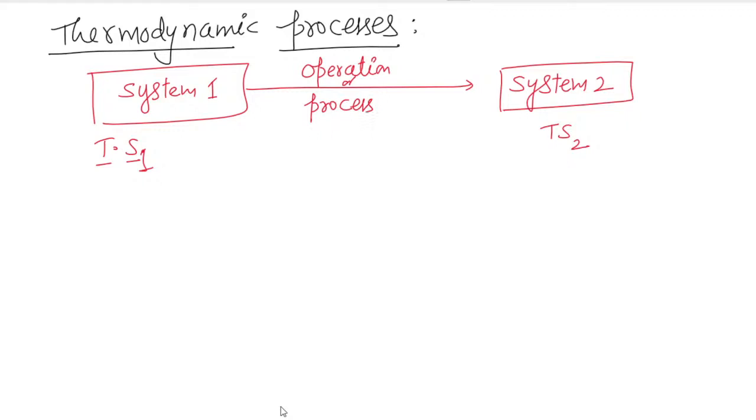To change the system from one state to the other, we do some operations. So there are various types of processes.